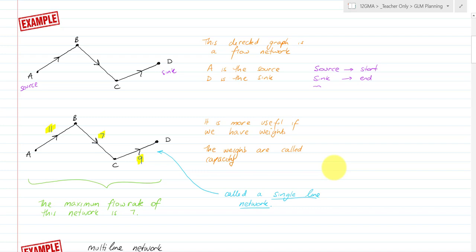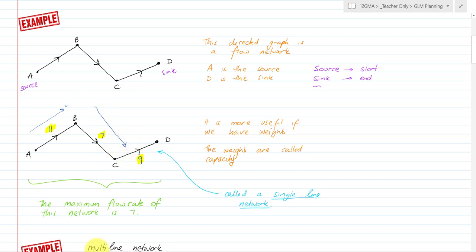You can see pretty obviously on this flow network A to D that the maximum flow rate of this network is 7. So while we're going to have 11 litres flowing along this line, it's going to get backed up. This is what you would commonly call the bottleneck of the network. So the 7 is the bottleneck.